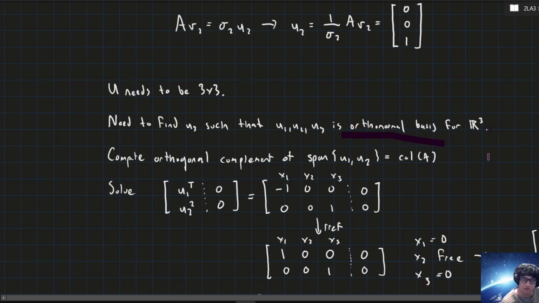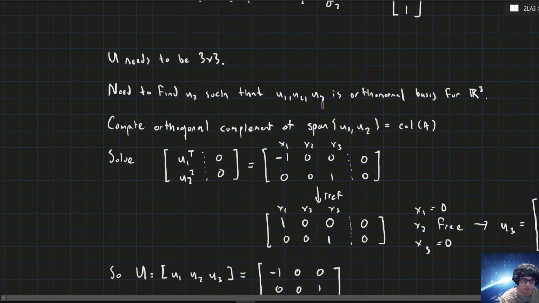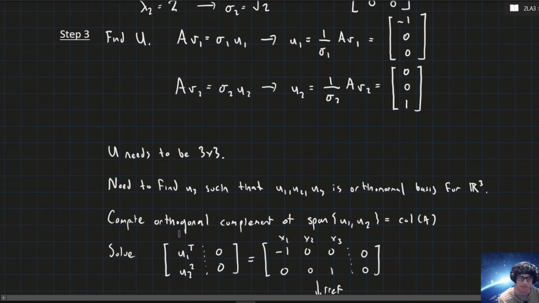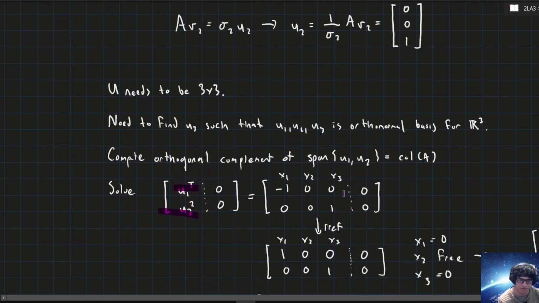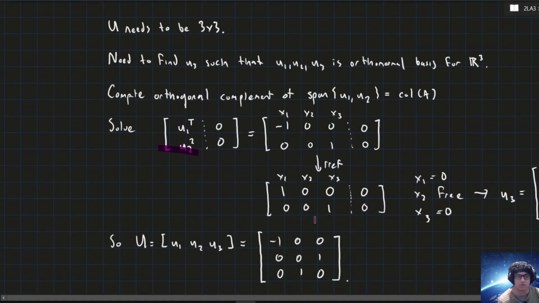So what we can do is compute the orthogonal complement of the span of U1 and U2, which is equal to the column space of A. So we're computing the orthogonal complement of the column space of A. How we do that is we take U1, U2, we write them as rows in the augmented matrix like this, and then we solve.